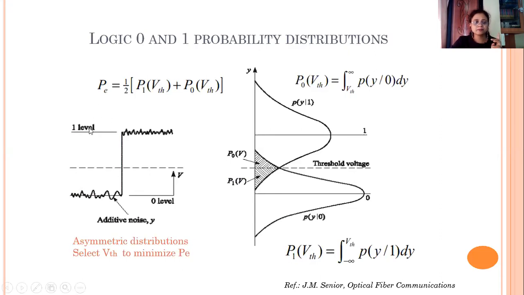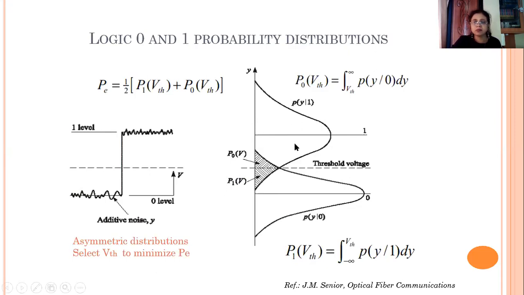Suppose this is plus 5 and this is minus 5. It is a symmetric distribution we have called, so the threshold level will be considered at 0. And with this threshold voltage in the optical receiver, detection is done. With respect to the threshold voltage, the probability of the signal which is coming is compared, depending on the value in this probability density function, whether it is above the threshold voltage or below the threshold voltage.